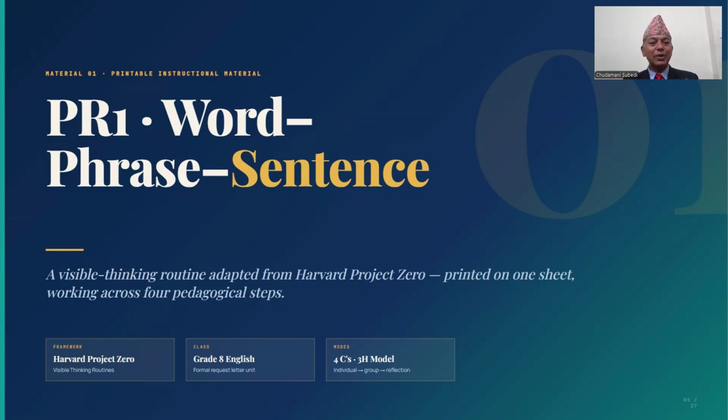Remember the Harvard Project Zero? The class is a grade 8 English classroom. The 4Cs and 3Rs model: there is the development of the 4Cs, 21st century skills, and the 3Rs, head, heart, and hands equipped. Individual work, group work, and reflection.